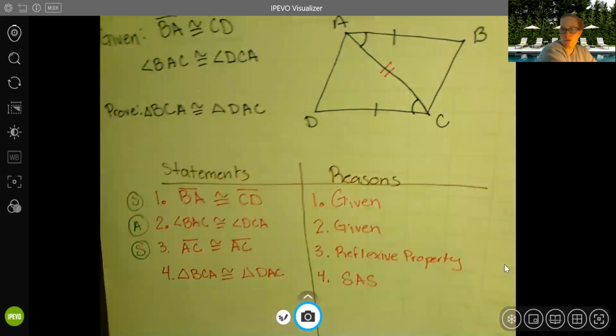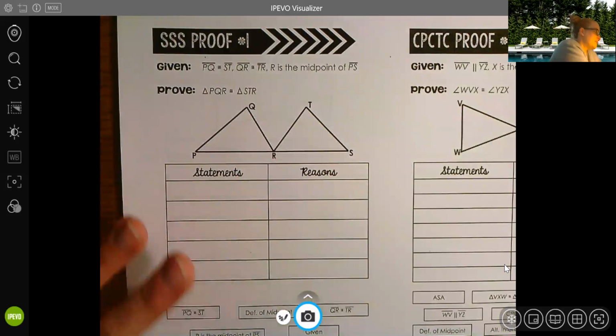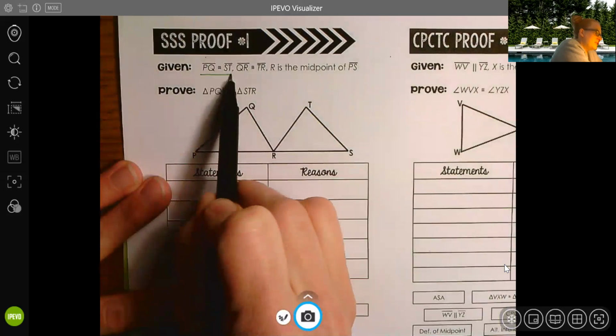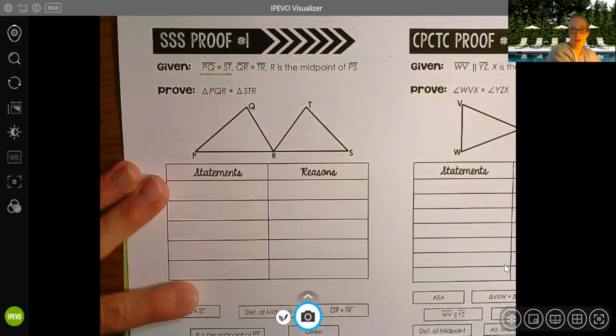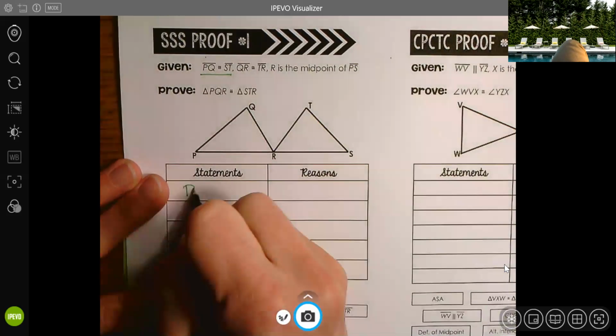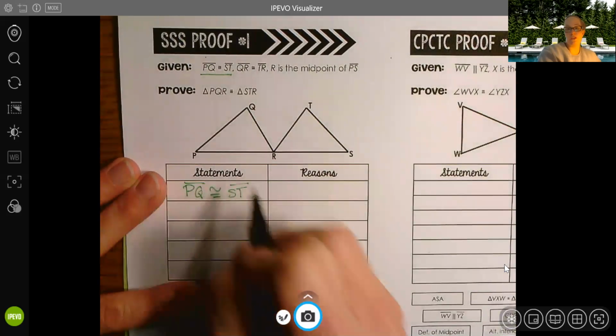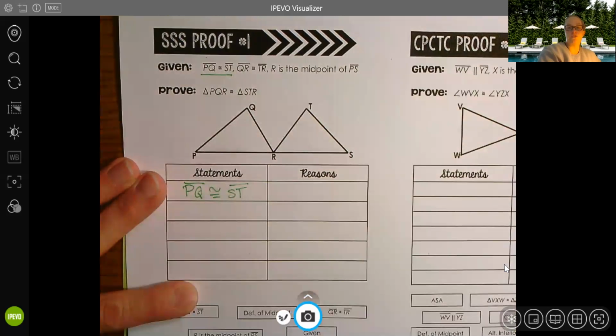I just numbered it, so don't make it difficult. The very first thing is I'm going to look up here, and I have this written here, and that's a given. So that's step 1: the first given is the first statement. PQ is congruent to ST, and your first reason is the actual word given.